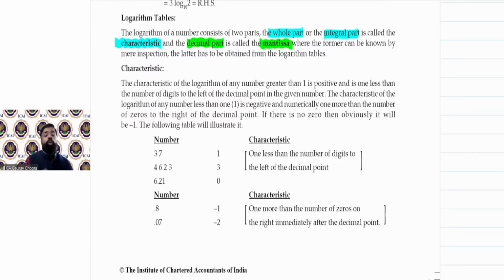So there are two parts. One part is the integer part, the second part is the decimal part. The integer portion is known as characteristic, the decimal portion is known as mantissa, like 37.24. This 37 portion is the integer portion, so it is the characteristic, whereas 0.24 is the decimal, known as mantissa.